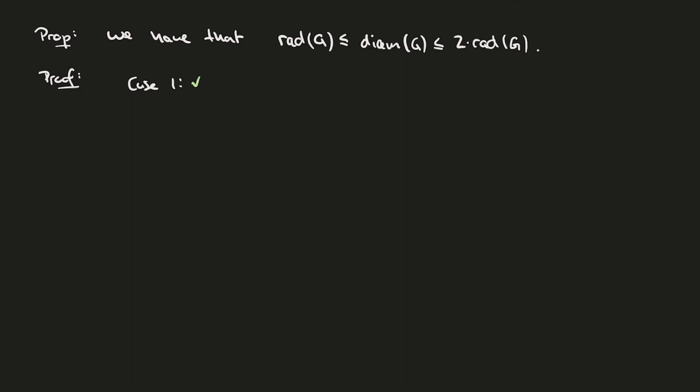Thus, we've dealt with the first case, and we can now turn to the second case, where any two vertices of G are connected by some path.